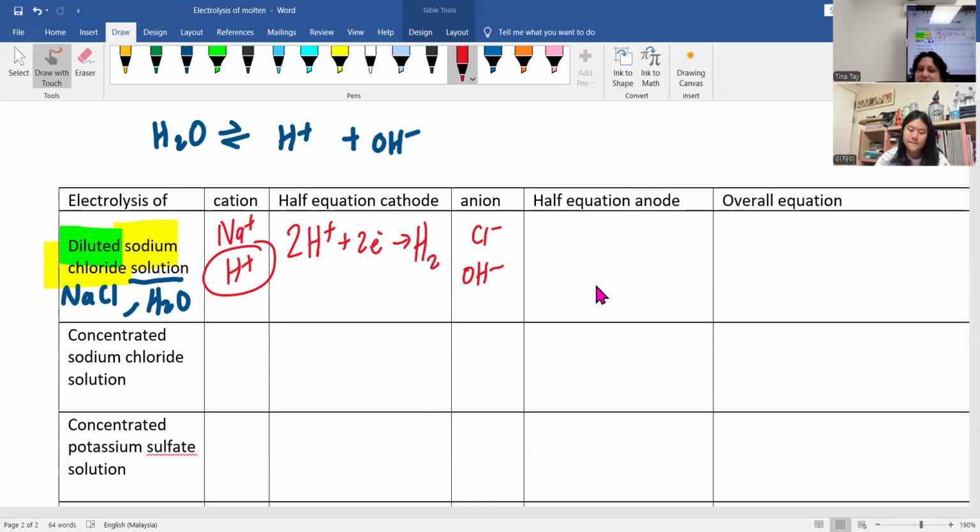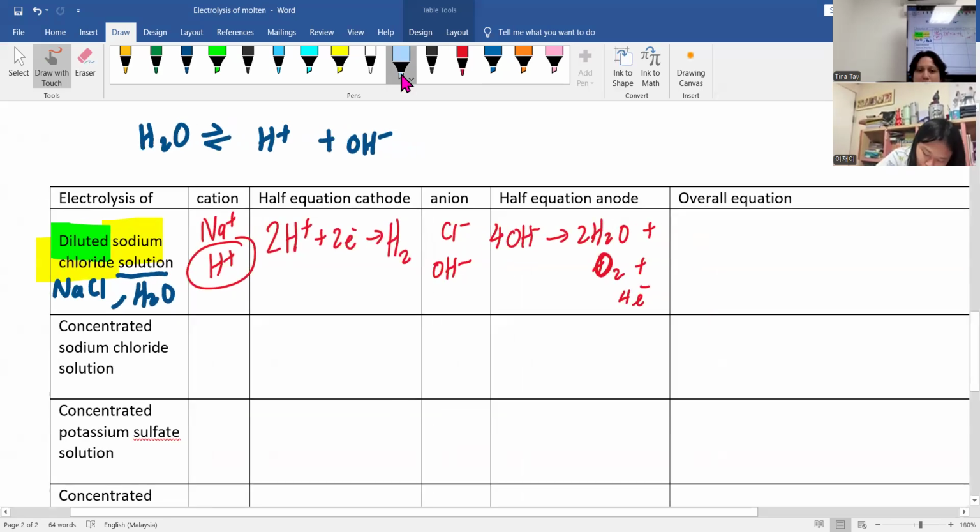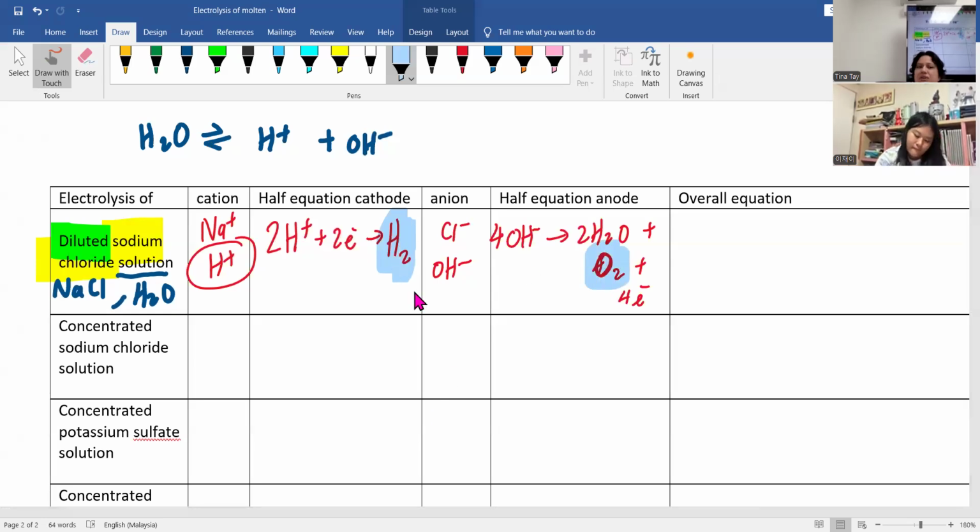Choose OH. Yes. Hydroxide ion becomes water and oxygen and electrons. Get it? Okay. So what will I see? I will see bubbles in the cathode and I will see bubbles in the anode. Do you understand? Okay, please write this down.